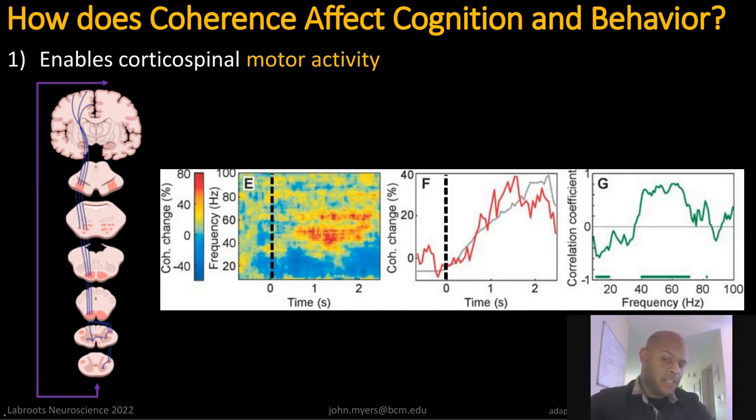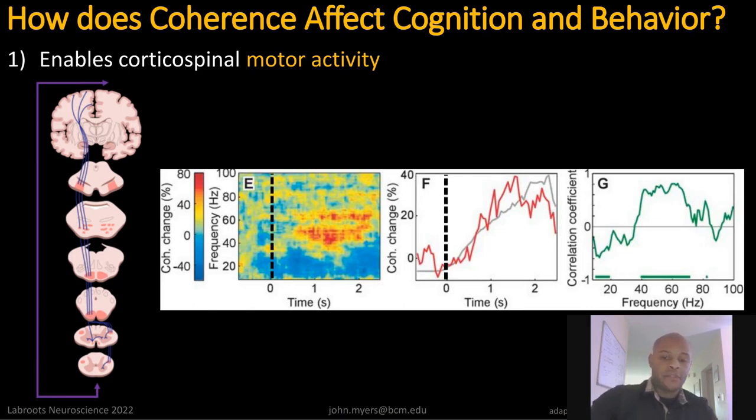they used MEG in this study, and they read the magnetic signals from the surface of the scalp, and they attached a myoelectrographic electrode on the muscle in the hand.